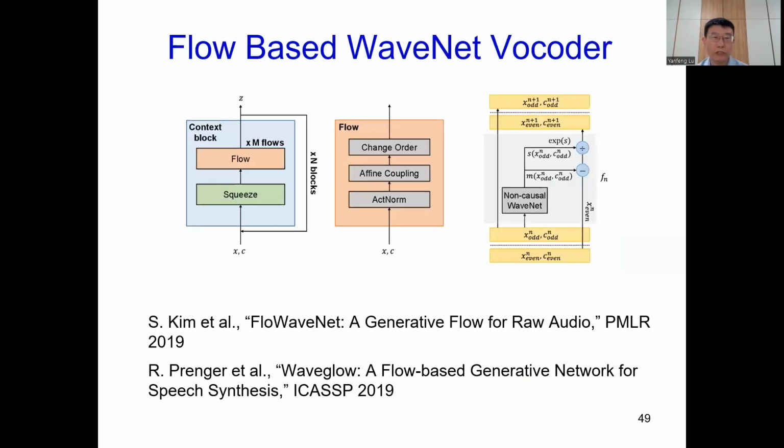So the previous two architectures are developments in the area of acoustic modeling. And after the WaveNet vocoder, more development in vocoders also happened. The major shortcoming of the original WaveNet vocoder is the speed.